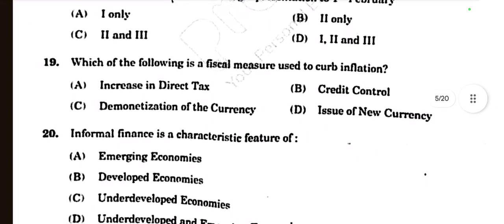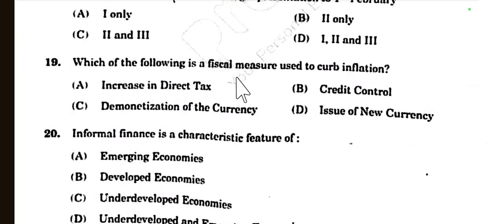Then question number 19, which of the following is the fiscal measure used to curb inflation? Fiscal measure to reduce inflation. Increase in direct tax. Yes, this is a fiscal measure. And the other one is credit control, this is a monetary measure. And demonetization of the currency, then issue of new currency, these are monetary measures.